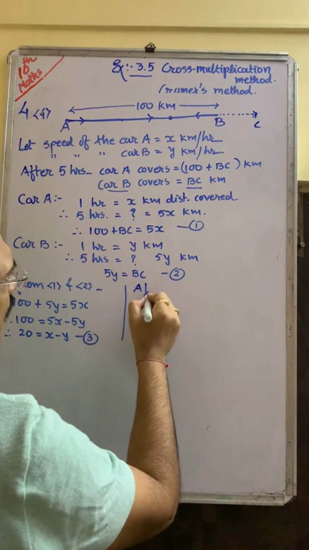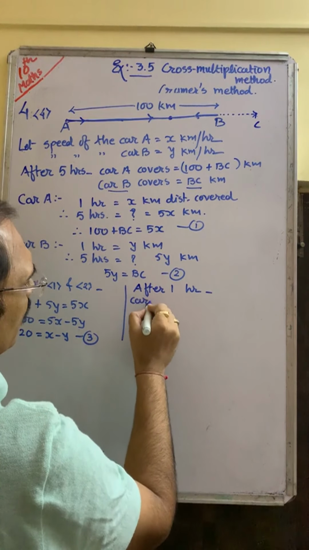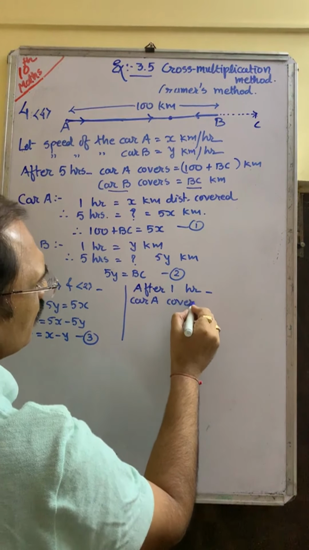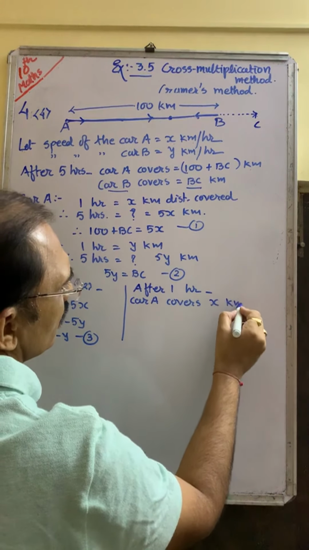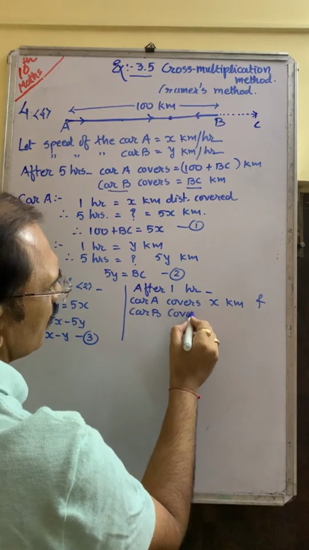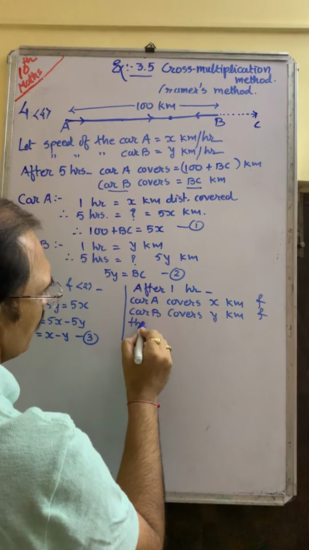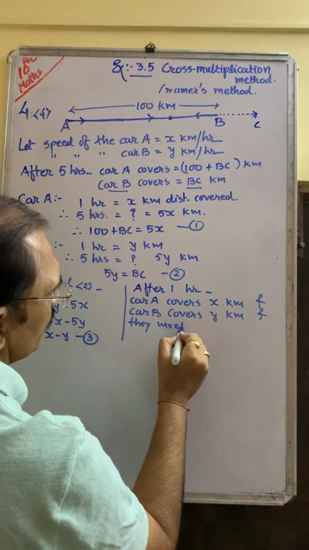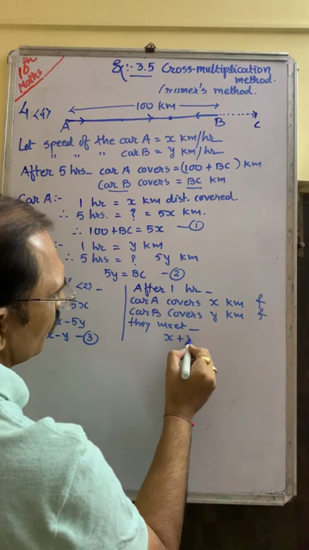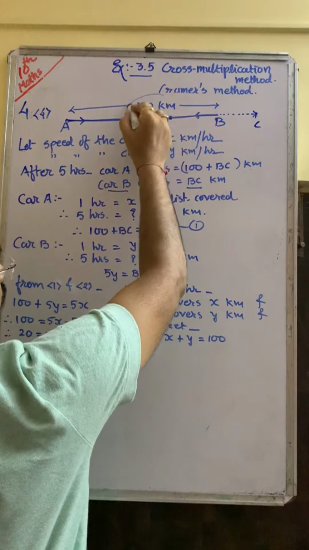Means after 1 hour, car A covers x kilometer and car B covers y kilometer, and they meet. Means total distance x plus y is equal to what? How much? Total distance is 100 kilometer given.